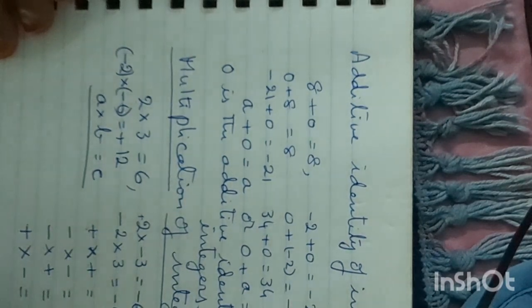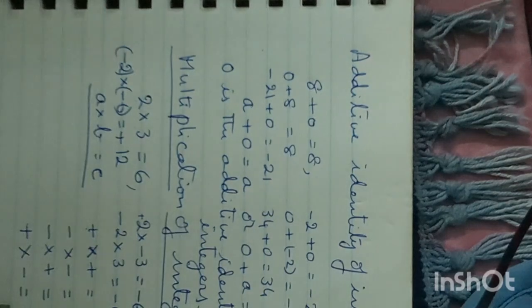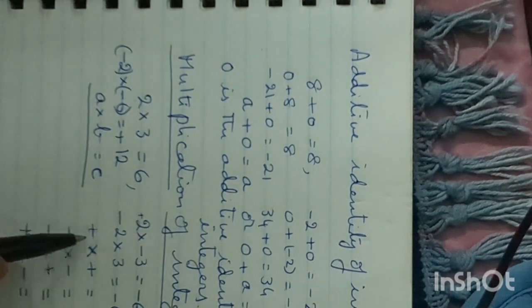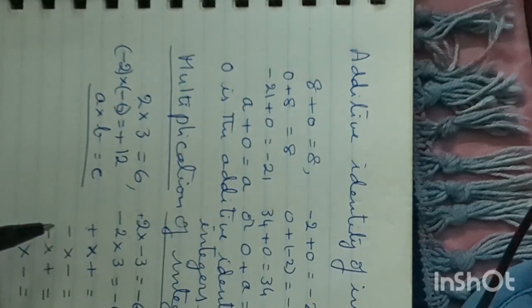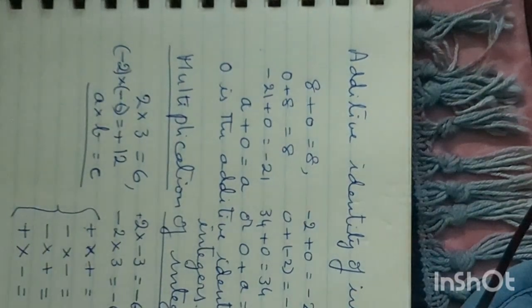This is also minus. So one positive and one negative is equal to negative. If both are positive integers or both are negative integers, the product is positive. Thus you remember the signs.